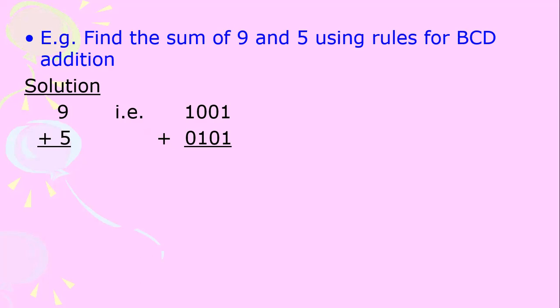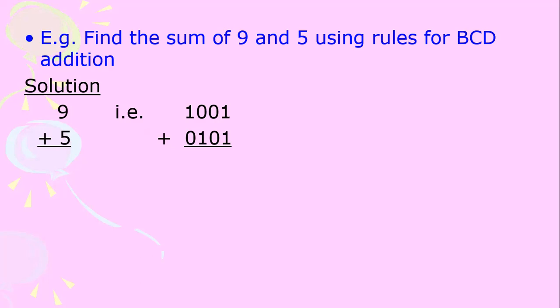But because we are talking about BCD, where each number is supposed to be represented by 4 binary digits, we add a 0 in front of 1, 0, 1, on the most significant side. Therefore, we have 5 represented as 0, 1, 0, 1.